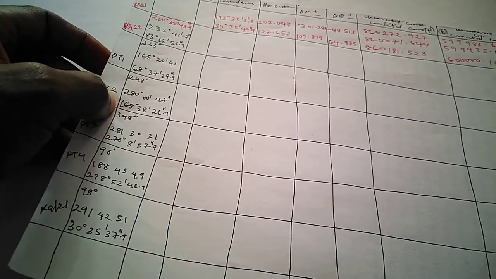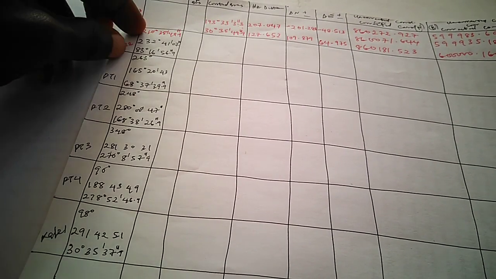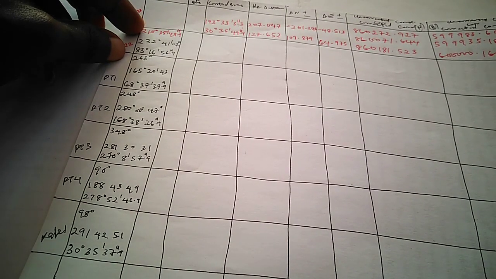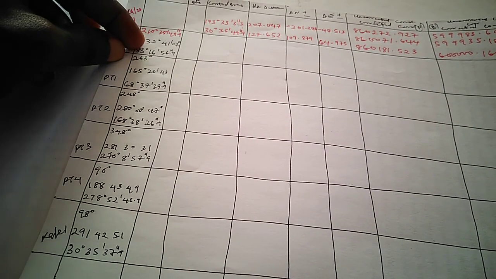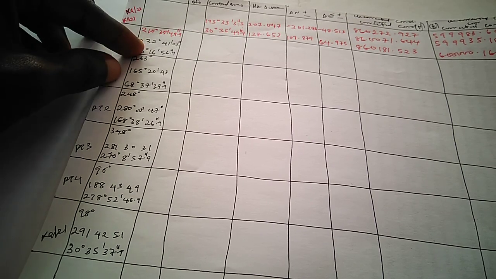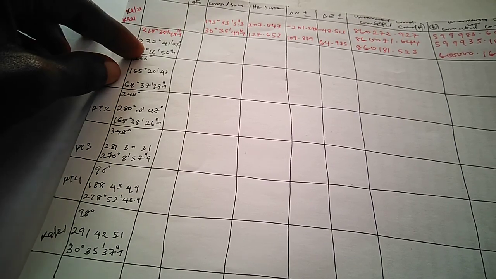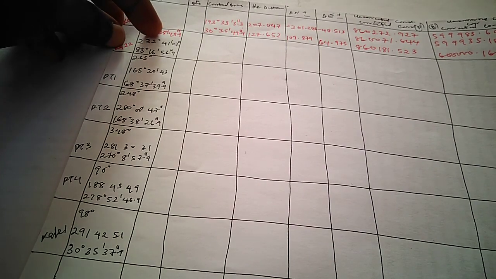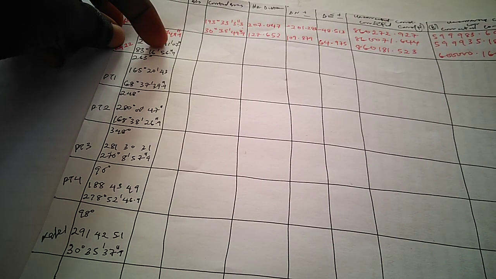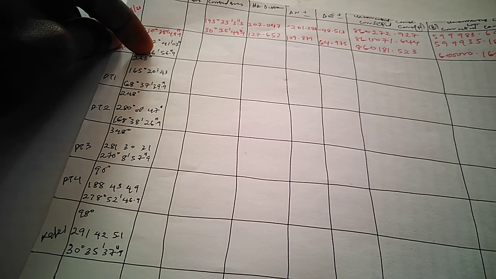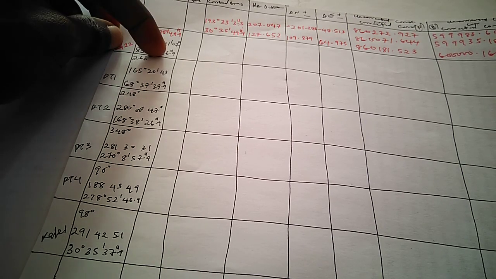So I believe this session was very simple for us to understand. The concept behind it is that having identified what your back bearing is for you to start, you add it to your observed angle and you get a forward bearing. If the sum of the back bearing and the observed angle is greater than 360, you subtract 360 from it to write down your forward bearing. But if it is not, you just write it down.